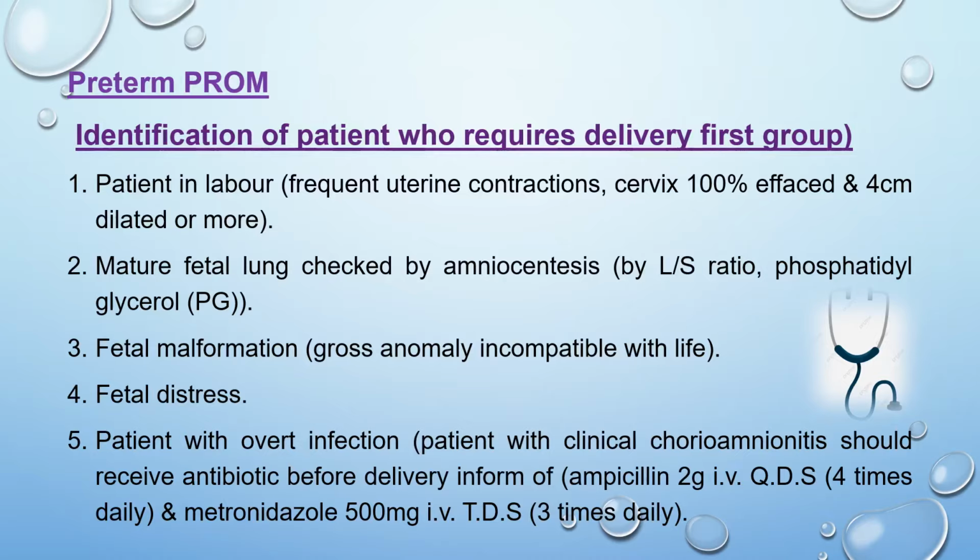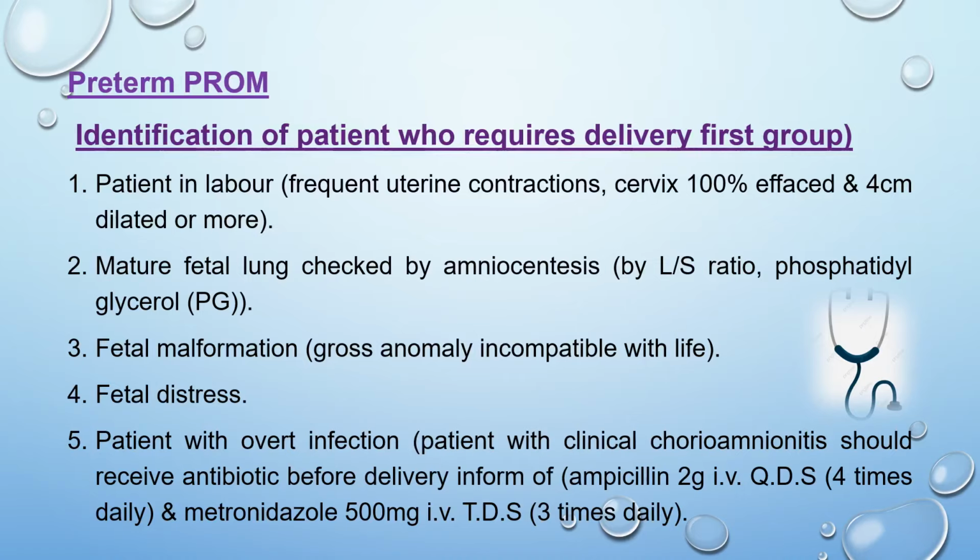من يلي أنا أسوي لها لازم ديليفري؟ أولا patient in labor she had frequent uterine contraction, cervix 100% effaced and 4 centimeter dilated or more. ثانيا mature fetal lung checked by amniocentesis أو عن طريق الامنيوتيك fluid examination by sphingomyelin ratio أو phosphatidylglycerol.